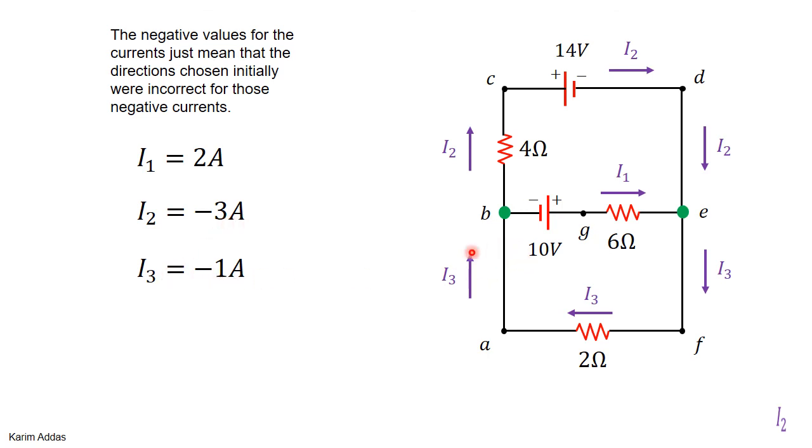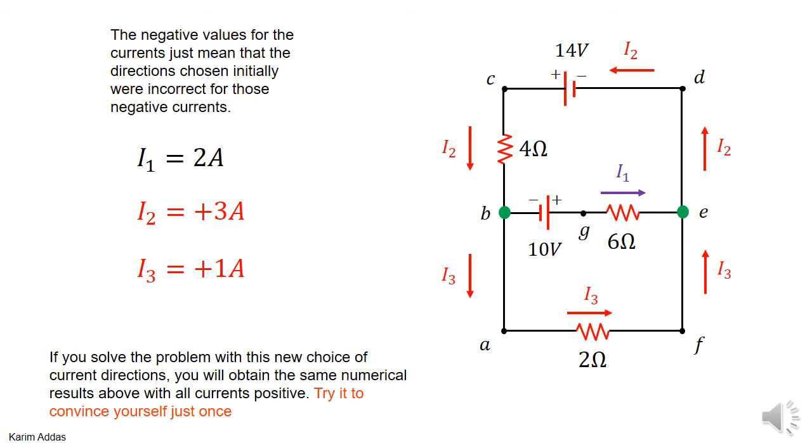That means I3 and I2 are not the correct direction. All you need to do then is just to reverse the directions and put them in the correct direction. So I reversed I2 and I reversed I3. And now if you solve the problem again based on this direction of currents, and you can do that to check for yourself, you will get the same numbers but just with all positives.